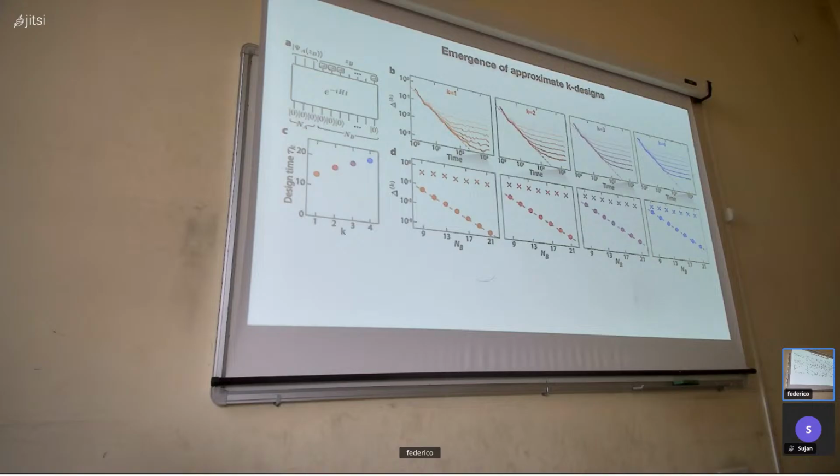I think that is also very important, the basis in which you measure, right? Because if you have some conserved charge, suppose that we have conservation of the number of particles, then for sure there is a measurement basis where, for instance, you know that you have 10 particles, and if you measure in the particle basis and you get 7 particles, then you know that in the other part of the subsystem you will have 3 particles, right?